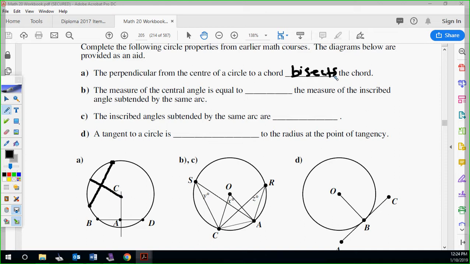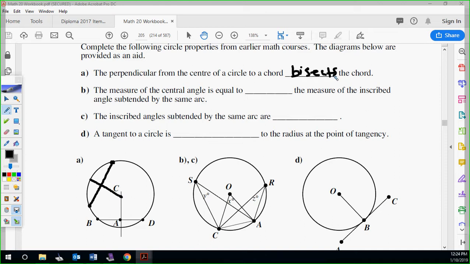Well, the quick thing is the central angle is twice the value of these ones. So like this is 60, these would be 30s. So the central angle is twice as big as an inscribed angle.